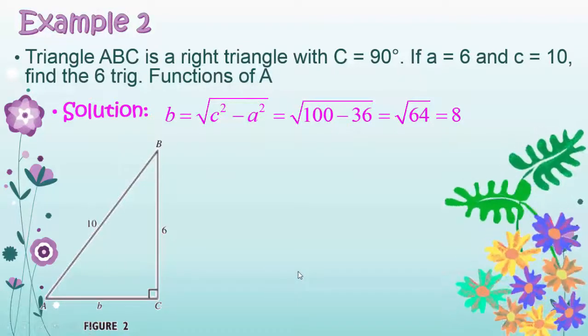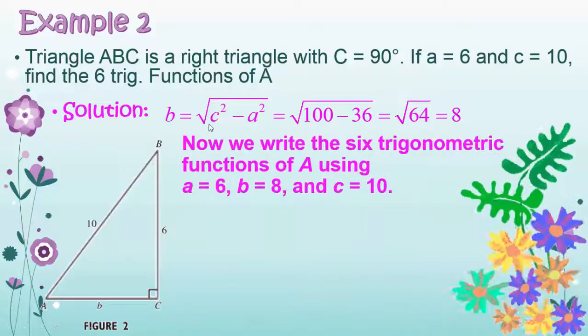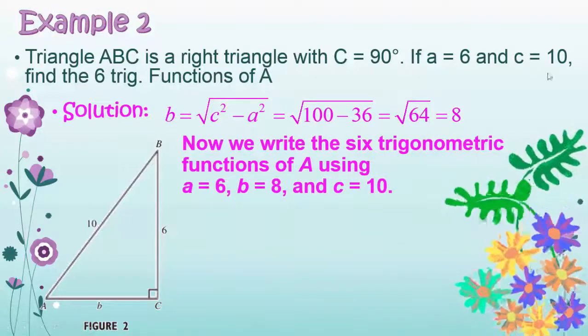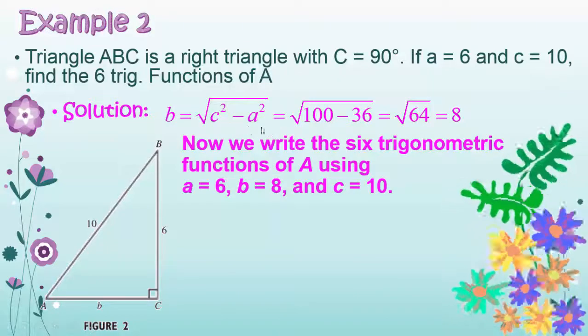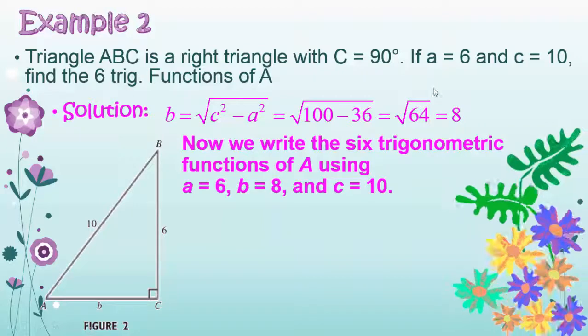So we use our Pythagorean theorem, and we solve for b. We see that c squared, which is 100, minus 36, because when we solve for b we have to subtract, since 6 squared is 36, gives us 64, and so we get 8.